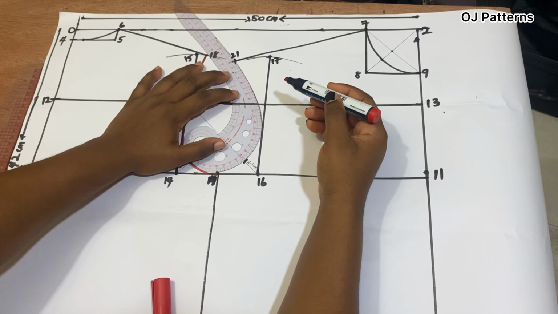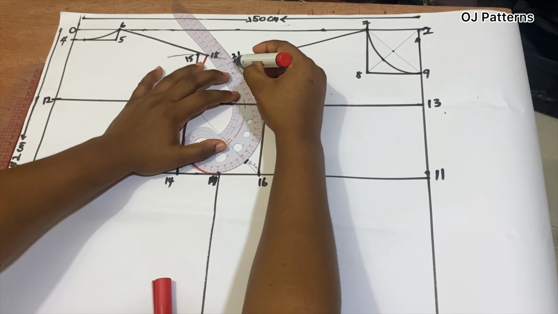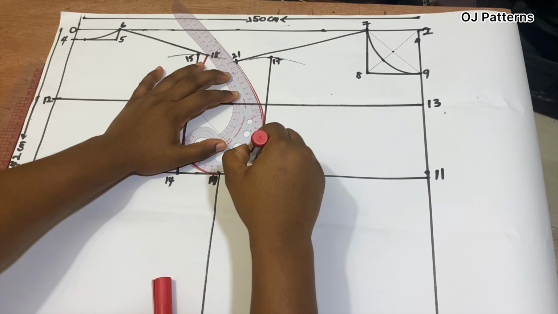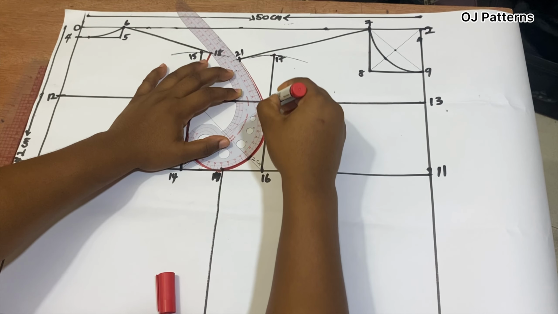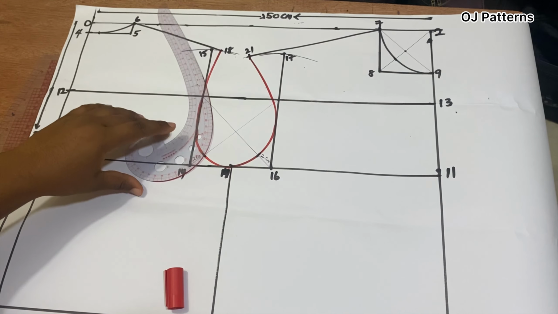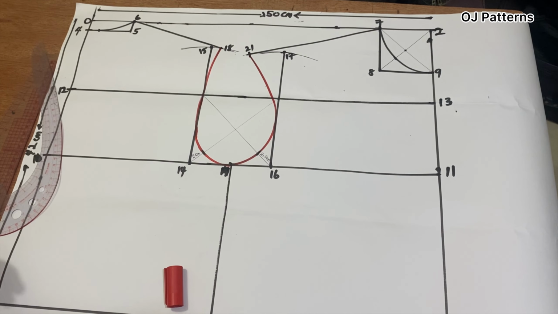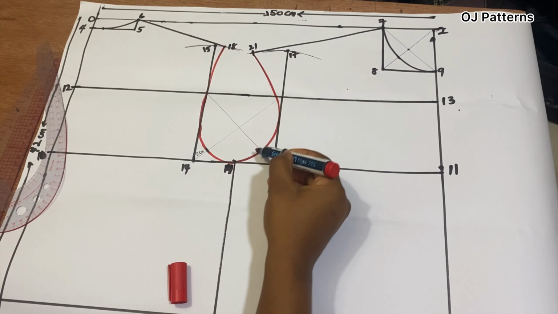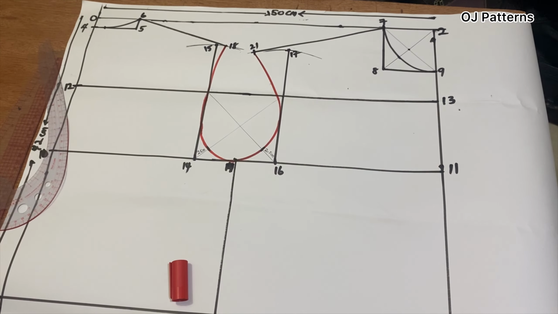So you want to place your armhole curve. If you connect it, you'll be able to get it once. I use a red pen so we can tell the difference. So from 21 pass through 2.5 to 19.